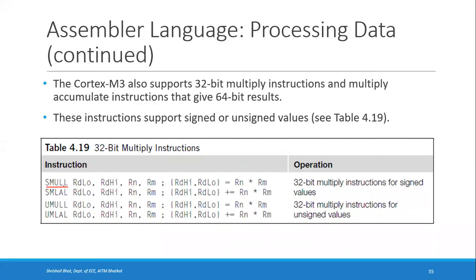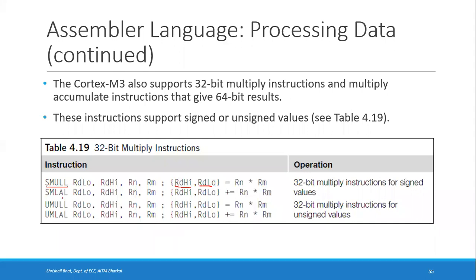If you use SMULL, only the product is found: Rn multiplied by Rm is calculated. The lower order result is loaded in one register and the higher order result in another register. Similarly, UMULL does the same for unsigned numbers. SMULL is for signed numbers.